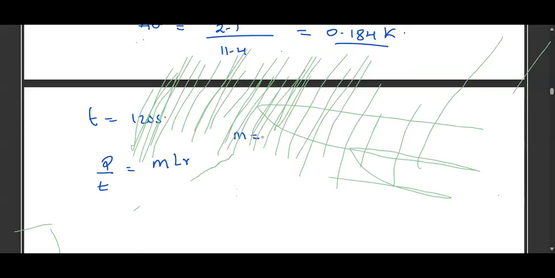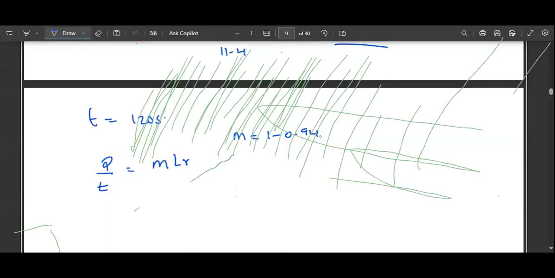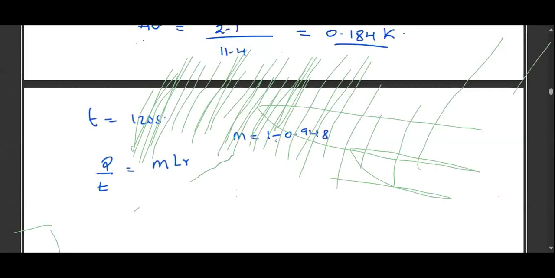But our M is going to be 1 minus 0.948, because that's what was remaining in the kettle, to come up with the mass that evaporated. So our M is going to equal 1 minus 0.948, which gives us 0.052 kilograms.